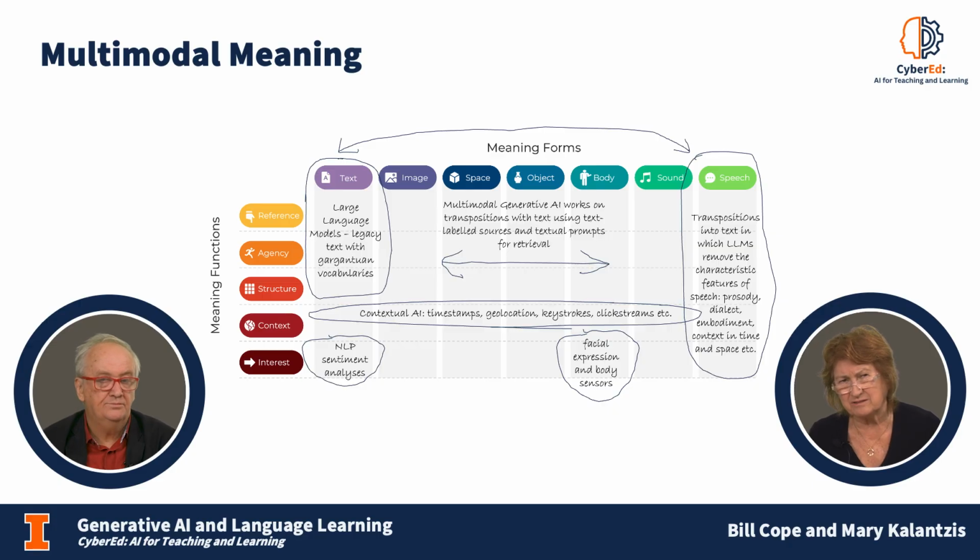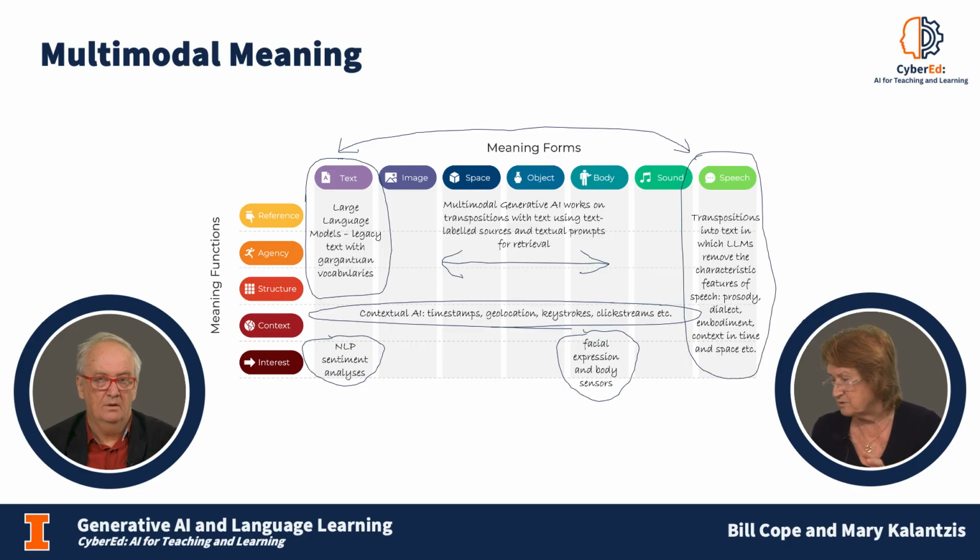And what you have here is our multimodal transpositional grammar framework, where you're looking at all the modes and the forms in which meaning is made, and you're looking at the functions and the purposes that people have in utilizing those modes, and how they switch backwards and forwards between them.